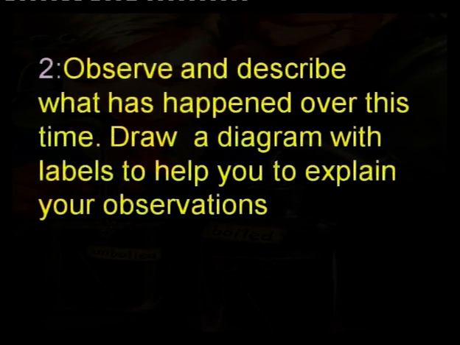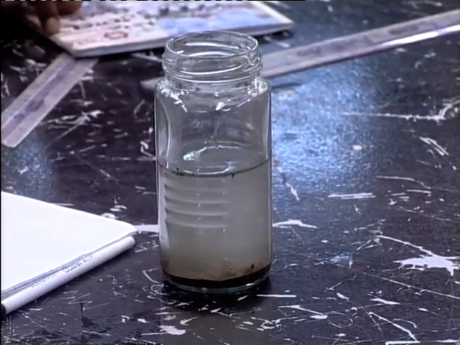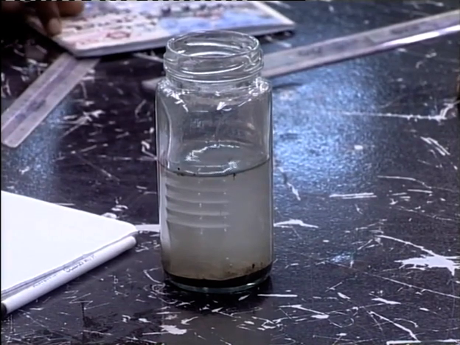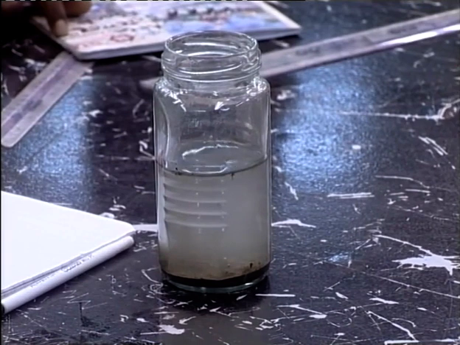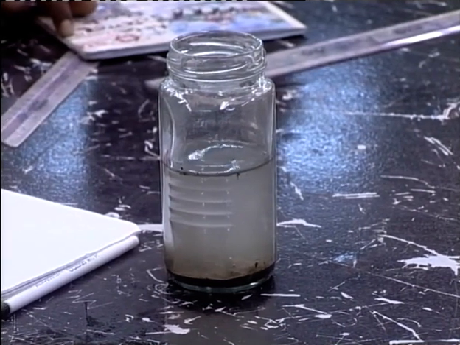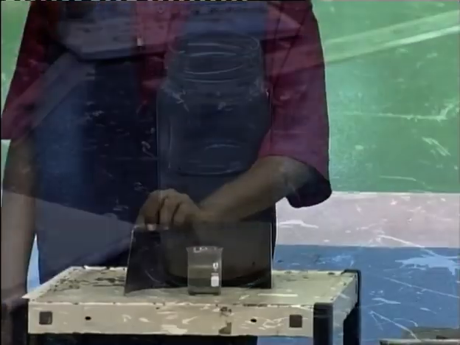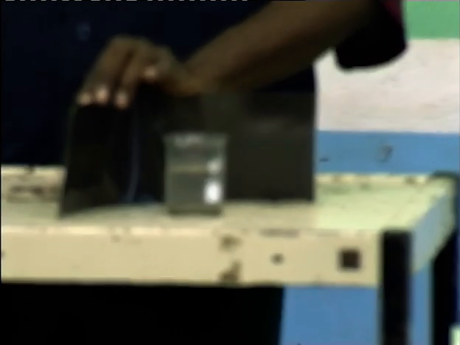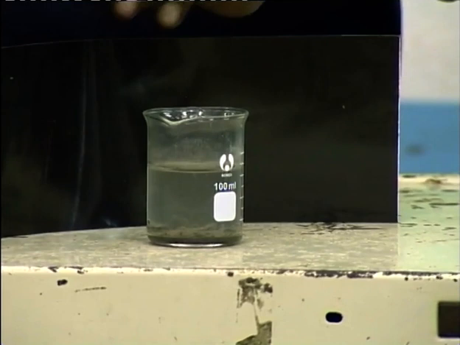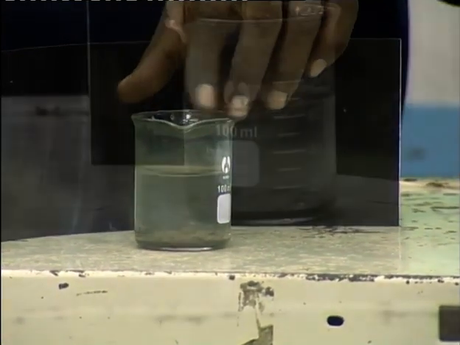Now we have on screen a group that has left a jar, and they are going to be doing their observation on that particular jar. Receiving students, you should have something similar to the one that you can see on screen right now. All right, here with me I have the same experiment, but this time it has been conducted using a beaker.